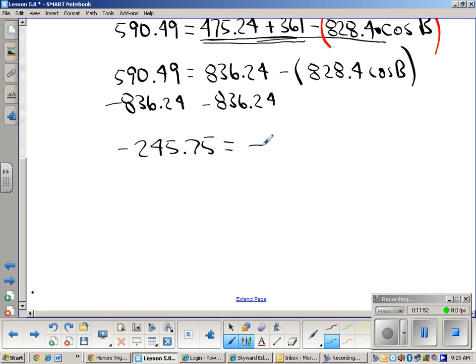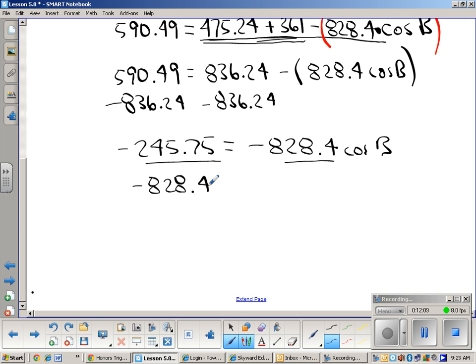It's going to equal a negative 828.4 cosine B. And so now when I divide, because this is times, so to undo I divide by negative 828.4. I get cosine B equals a positive.